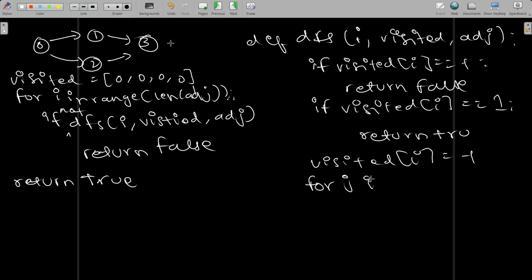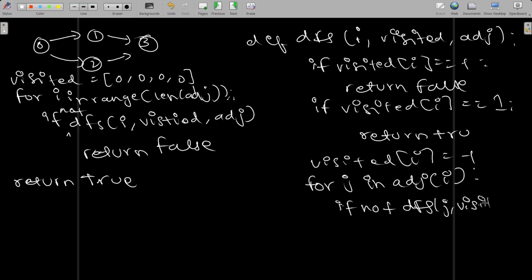For j in adj of i, what we'll do is if not DFS, then we'll just pass j, visited, and adj, right? And lastly, we'll just change our visited when the DFS call is completed. We'll just change this to equal to 1 and we'll return true.